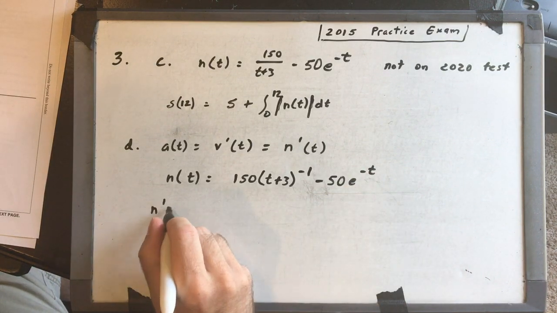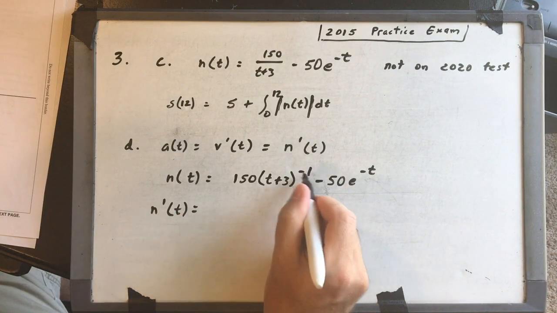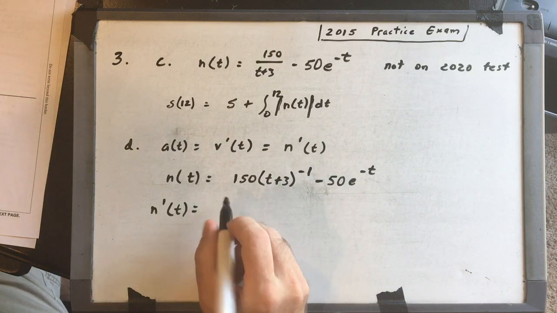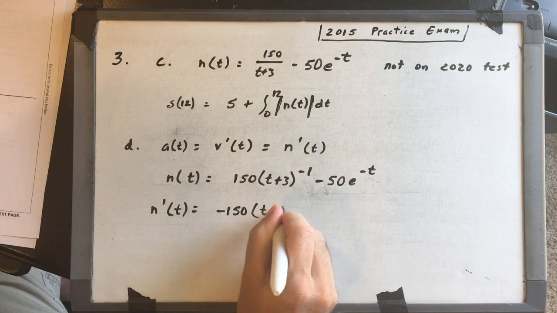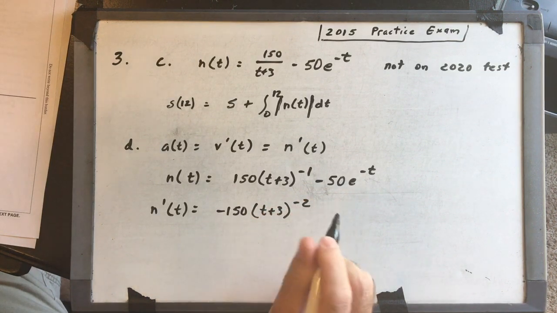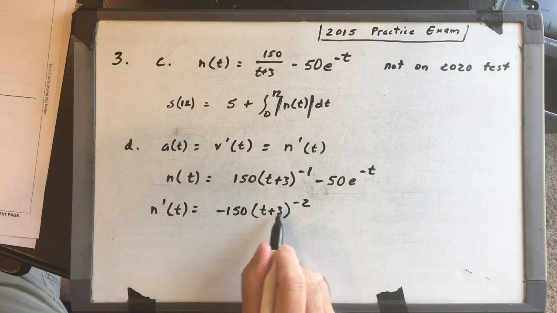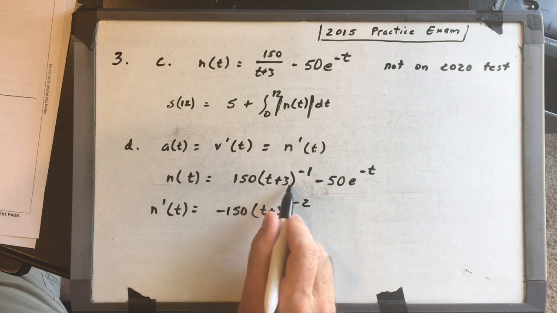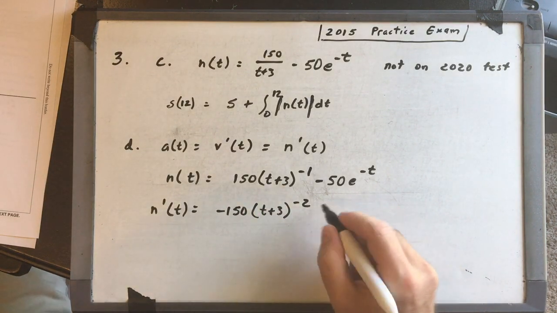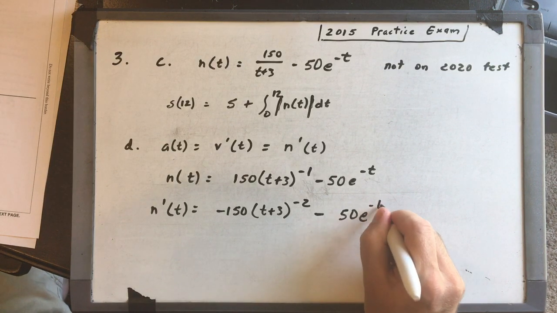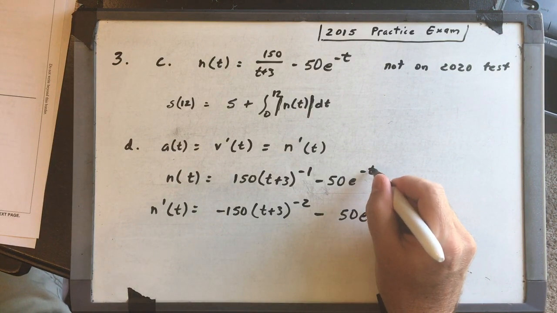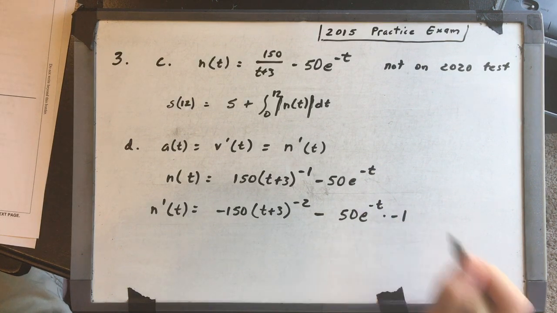So n prime of t, bring the minus out front, so that's minus 150 times t plus 3 to the minus 2 times the derivative of the block. Well, the derivative of t plus 3 is just 1. And then minus 50 e to the minus t times the derivative of negative t, so times negative 1.